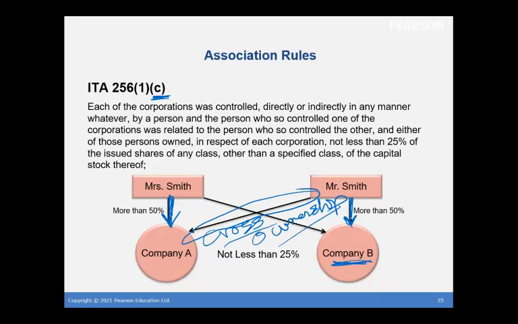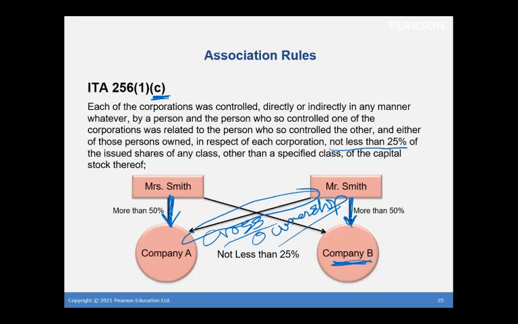So the phrase they use here is not less than 25%. If you own 25% or more cross ownership, these rules are going to kick in for this type of scenario. So let's read the tax speak for this.